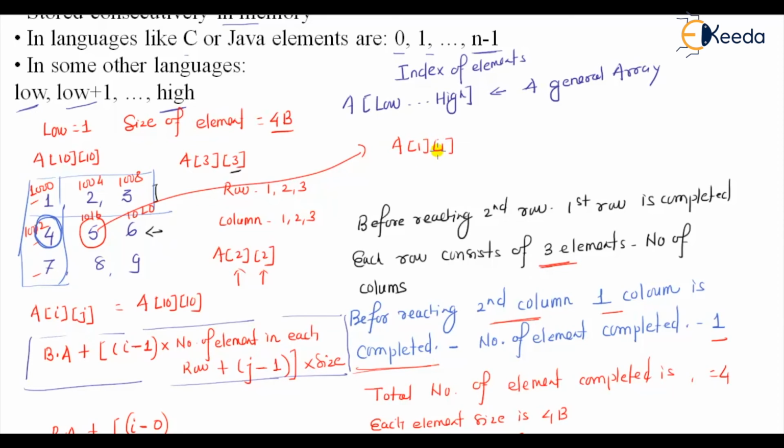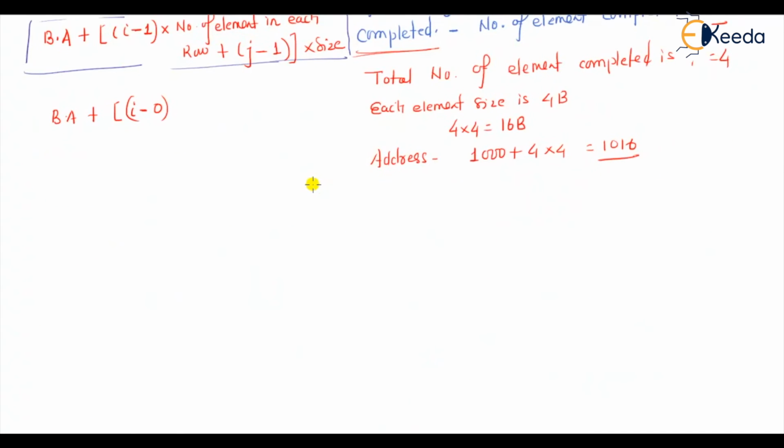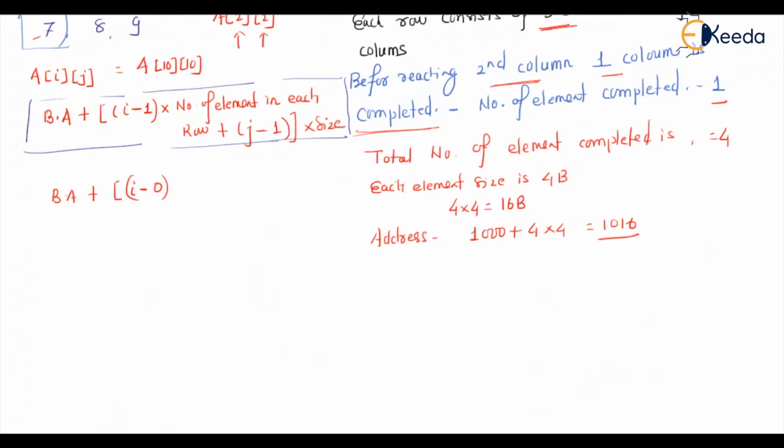Okay, so if you're on the first row, then you have already completed one row, so nothing to subtract. If you're in the first column, then you have already completed one column, so nothing to subtract in that case. So that way we are not doing any subtraction over here, I minus 0, and then I'll write here plus j, and then I'll put here a size. This j minus 0 also, this formula is for the C language.